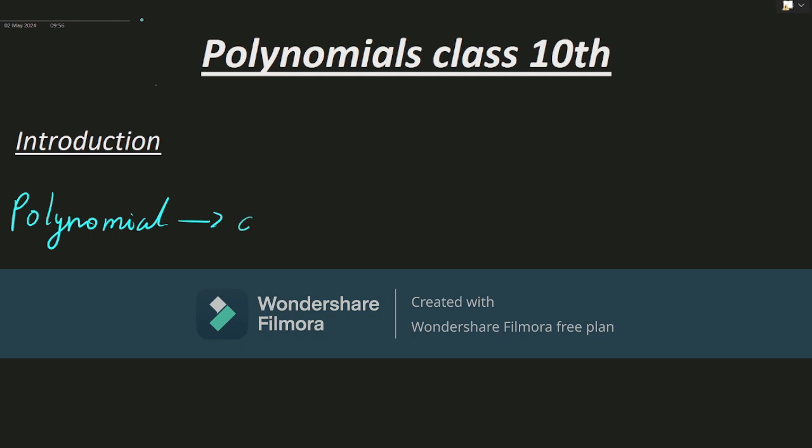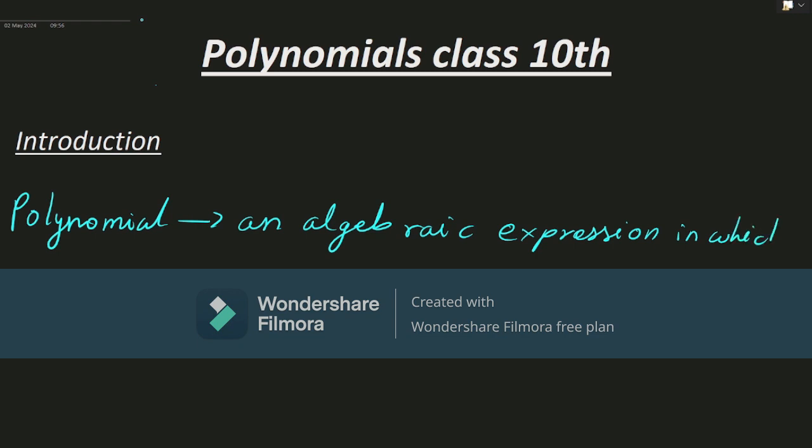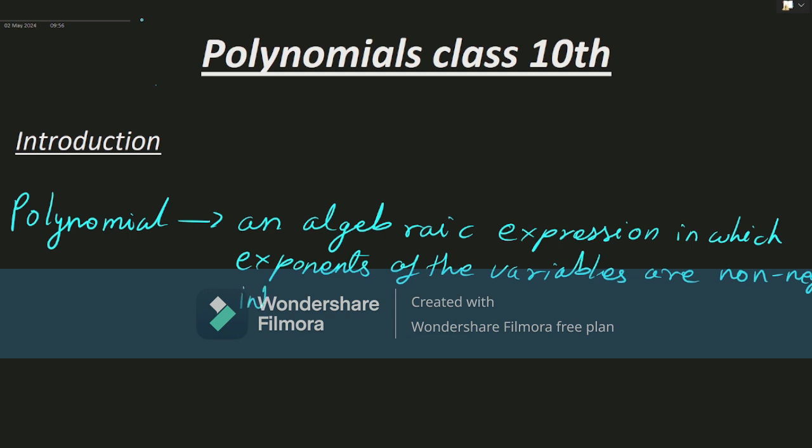A polynomial is an algebraic expression in which the exponents of the variables are non-negative integers is called a polynomial.